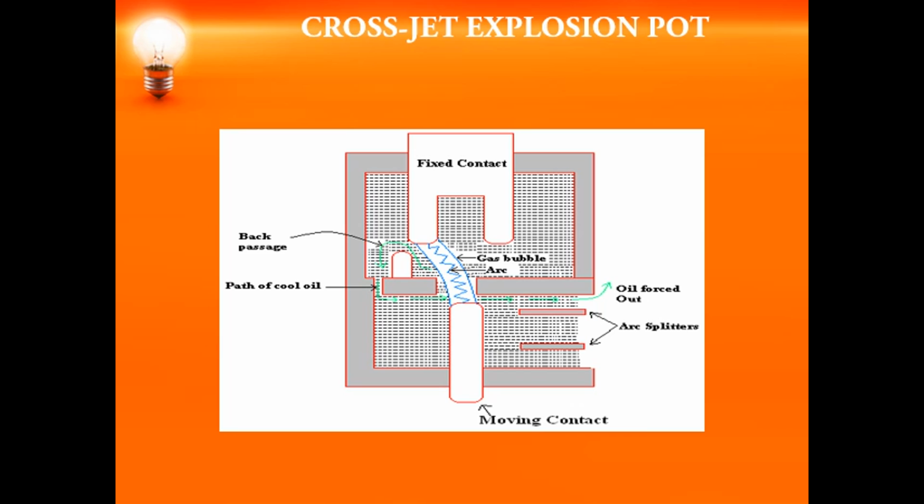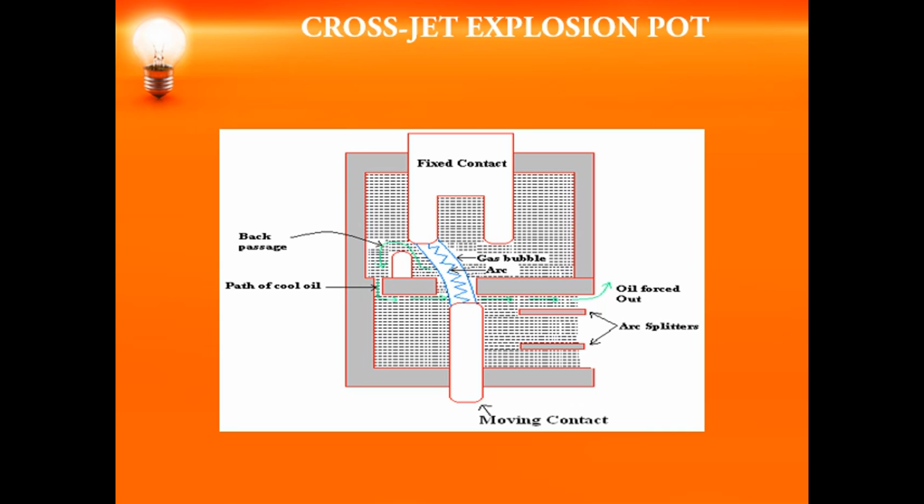In this type of pot, the oil blast is across the arc and hence it is known as a cross-jet explosion pot. This cross-jet explosion pot is suitable for high current interruption as compared to the plain explosion pot.